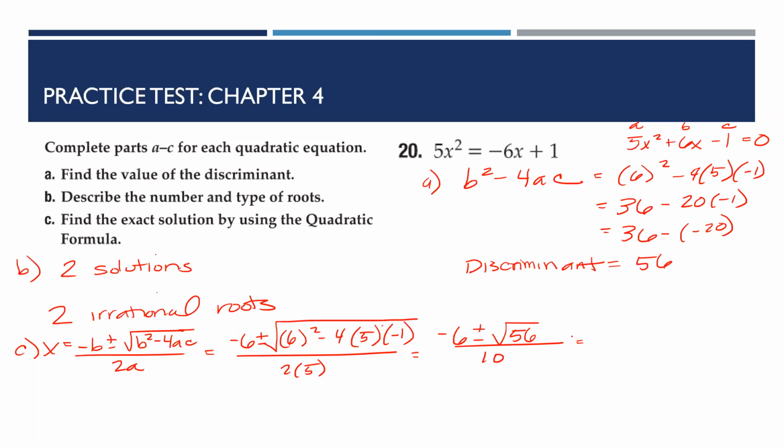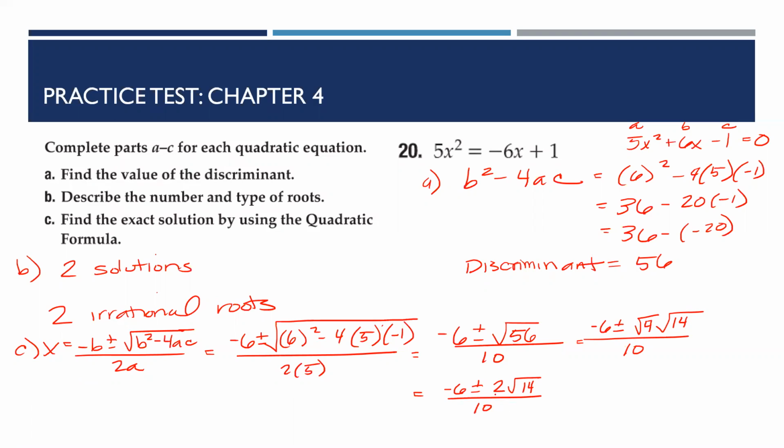And then the square root of 56 has a perfect square, so we could break that down because 4 times 14 is equal to 56, and this 4 is a perfect square. So when we simplify that, we end up with negative 6 plus or minus the square root of 4, which is 2, times the square root of 14, still over 10.